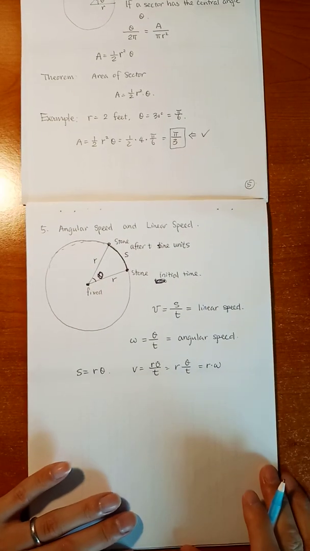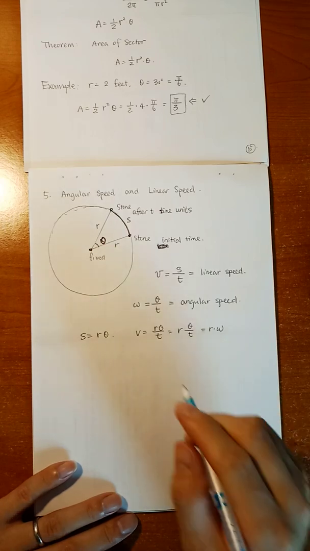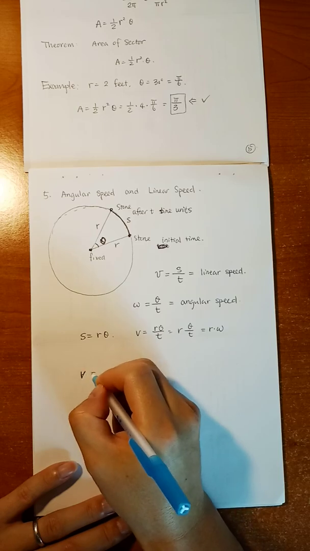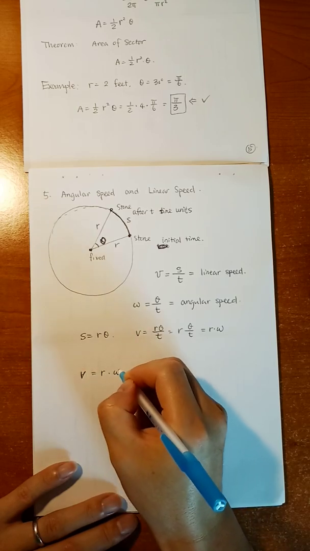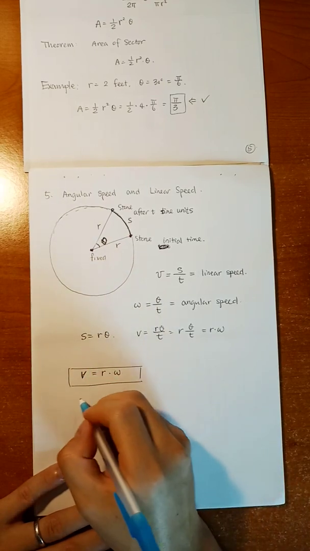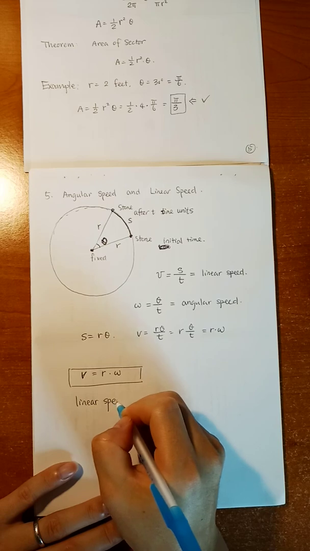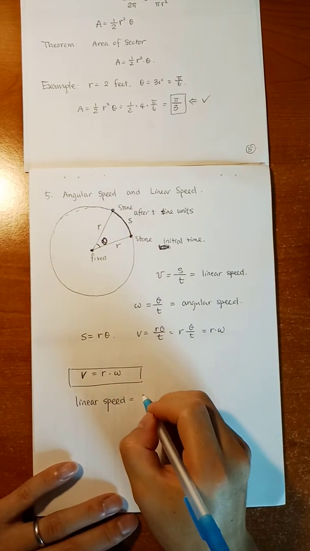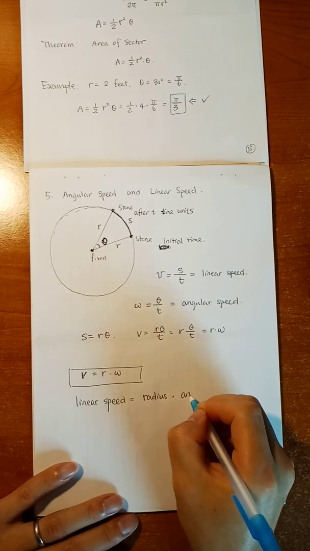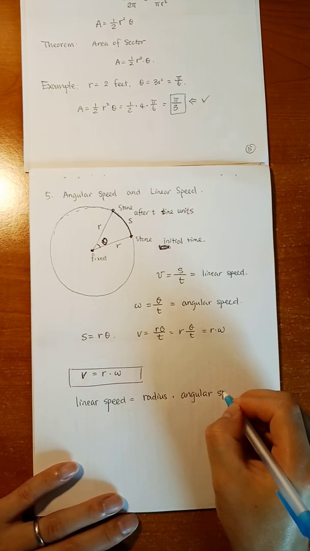So there's a relation between the angular speed and the linear speed. The linear speed is r times angular speed. Linear speed is equal to radius times angular speed.